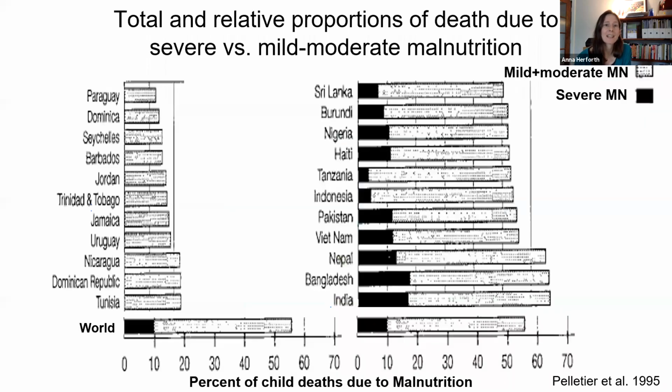And this is some of that data from the 90s that showed that it's mainly the invisible forms of malnutrition, the mild and moderate forms of undernutrition, which are the highest burden. The severe malnutrition is, again, just a smaller proportion of what is causing the mortality in synergy with infectious disease.